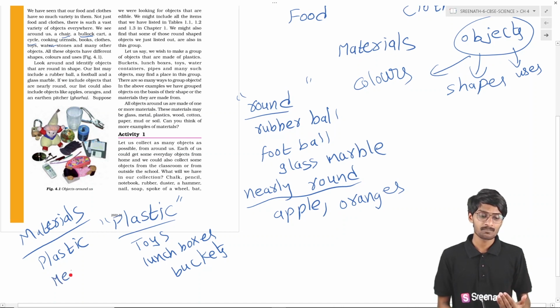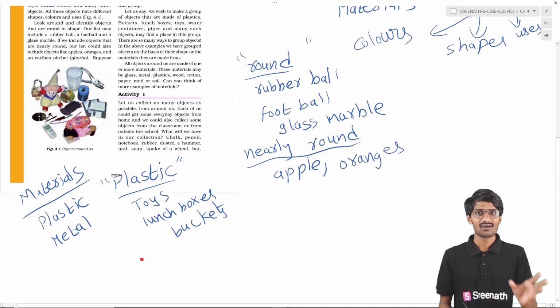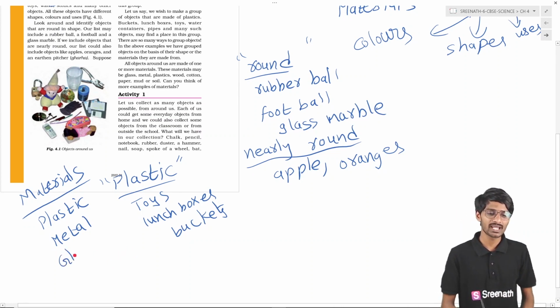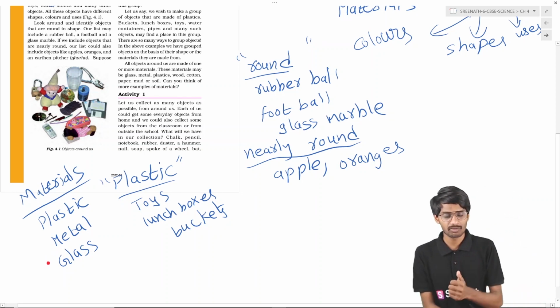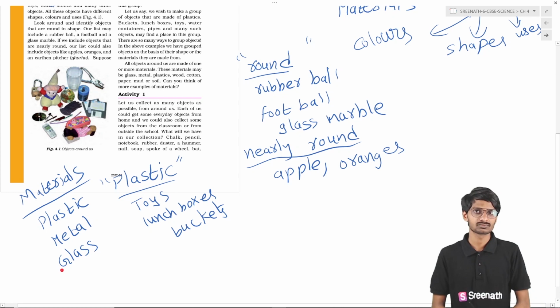There are objects made with metals, and there are some objects made from glass, students. So there will be glasses: plastic glasses, metal glasses, and glass glasses also.